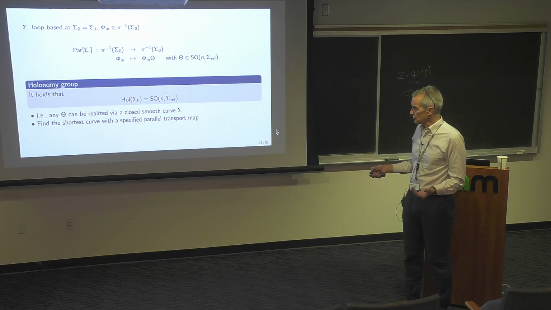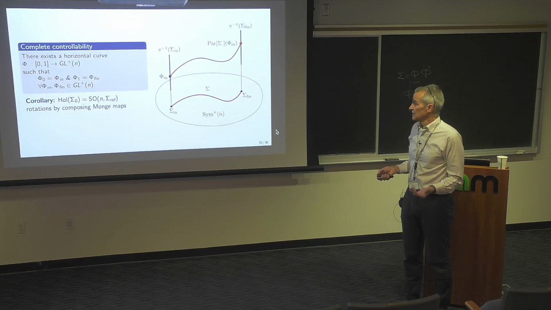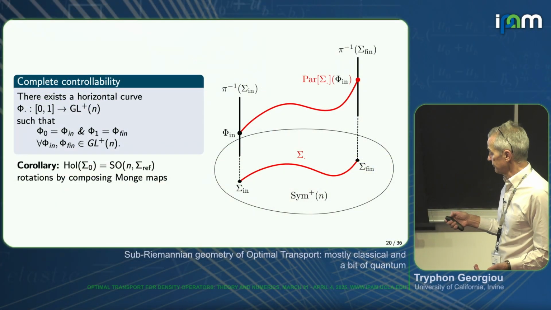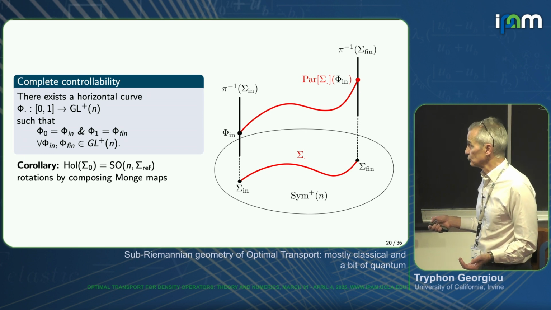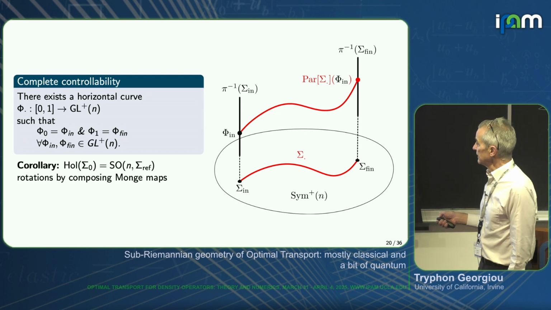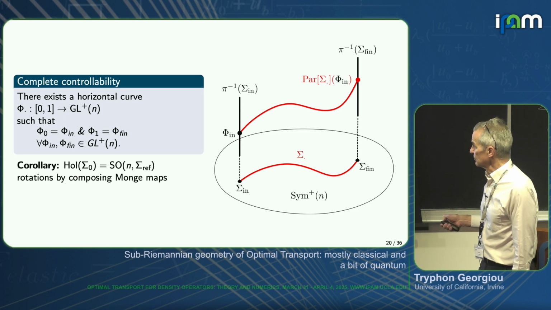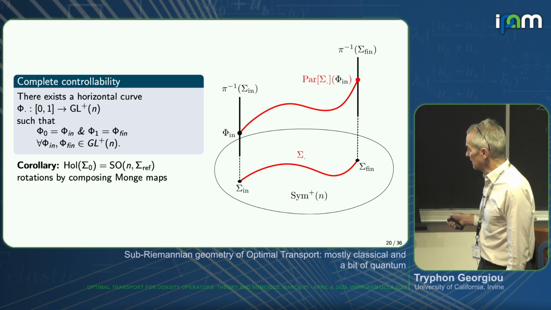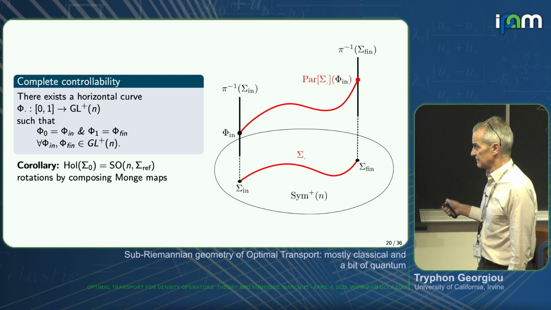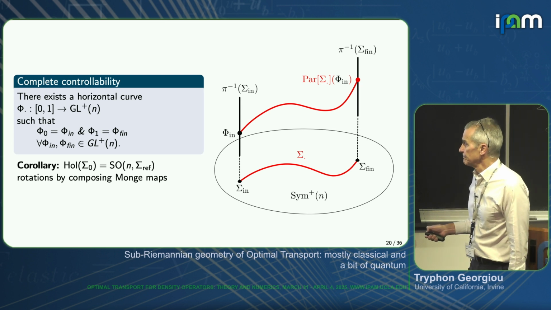And then, of course, the question is, what is the shortest path? So you can show that you have complete controllability. In other words, if you specify phi in and some terminal phi, it's also a consequence of the same analysis that if you specify these two points on the fiber, there's always a sigma that connects them. Right?